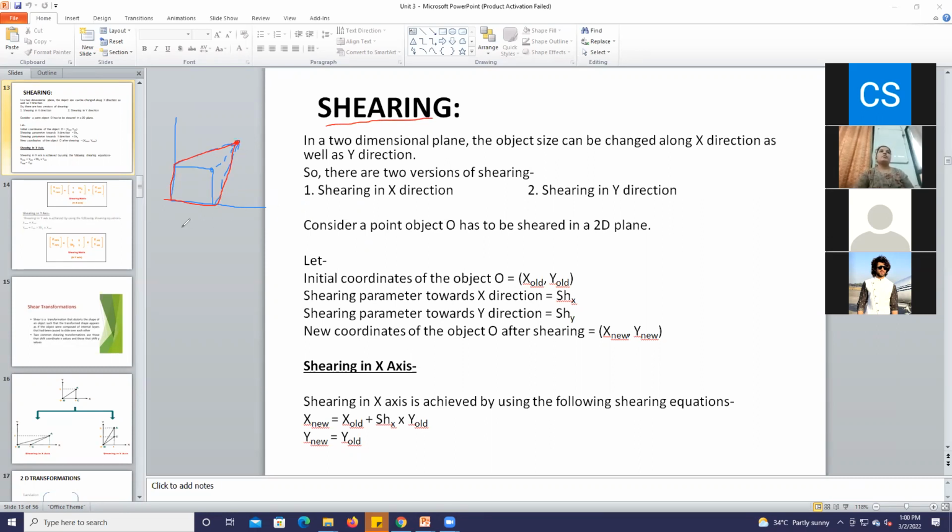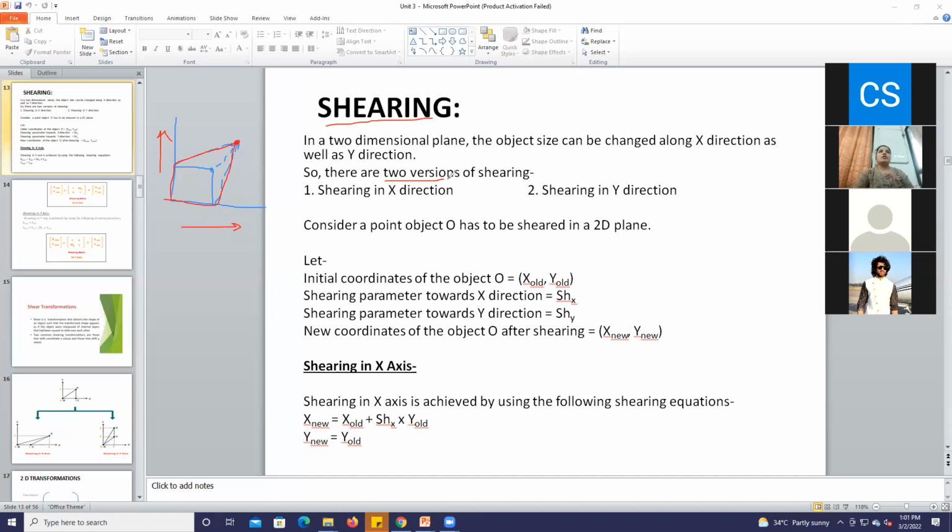If we provide the force in the x direction, then it is called shear along x. And if I provide the effect along the y-axis, then it is called shearing along the y direction. So for the given object, if we pull it or push it, it will deform the object. It will change the shape and size of the object. And that is called the shearing effect.